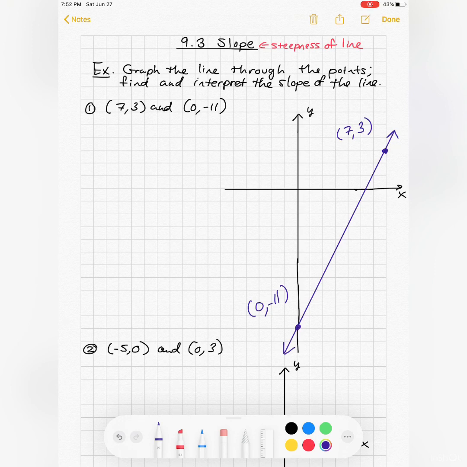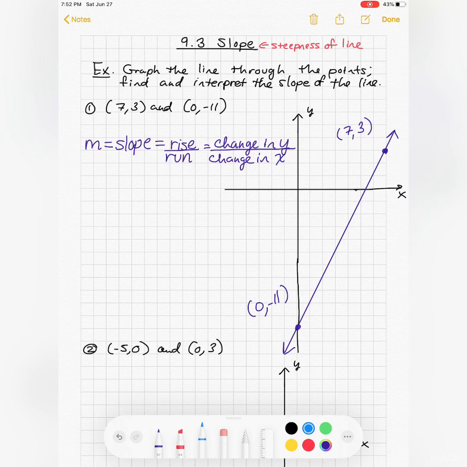Okay, so when we're looking at the slope, we typically use the letter M, variable M for slope. So the steepness, one way to think about that is the rise over the run. That'd be the change in Y. So how much do we go up or down for each horizontal change, each change in X?